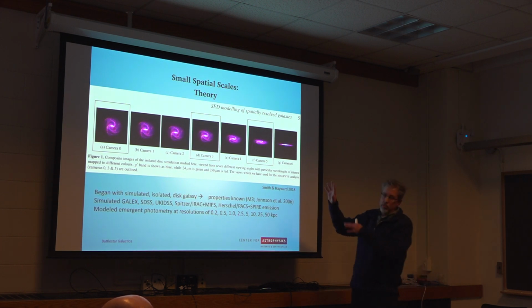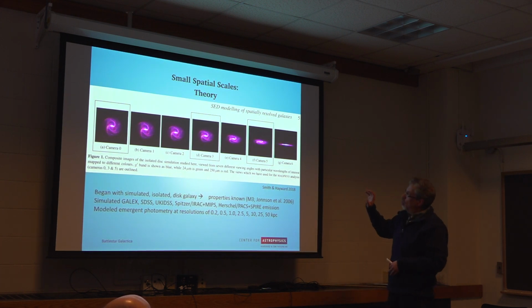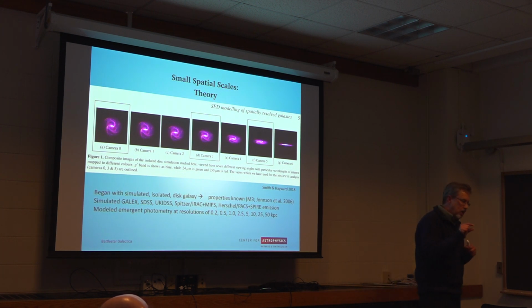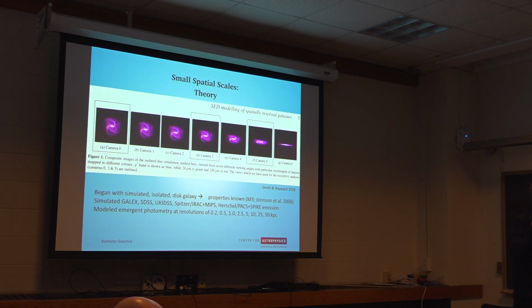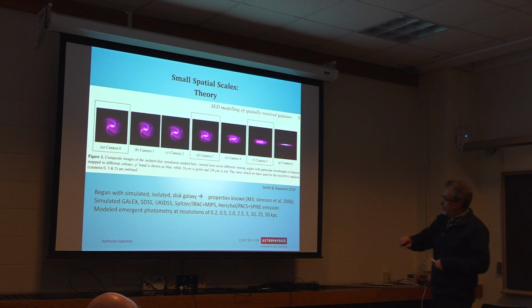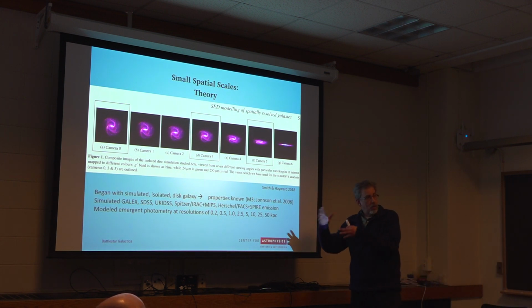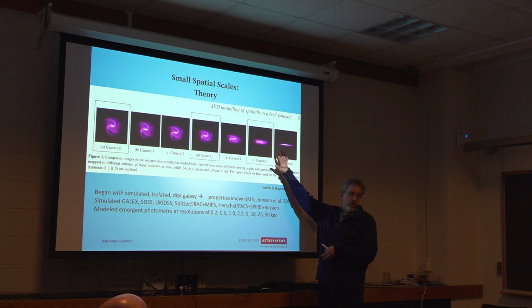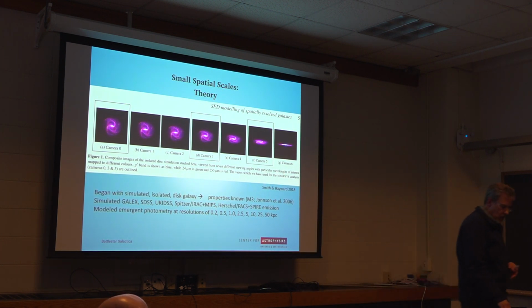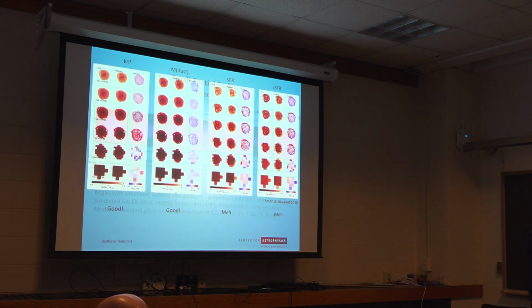So it's a simulated galaxy at one moment in time, but the point of this paper is that he's going to pixelate it at very fine scales, 0.2 kiloparsecs, all the way up to 50 kiloparsecs, and see how well he can reproduce the properties of this galaxy that he a priori knows to be true. And I just tried to succinctly summarize those here.